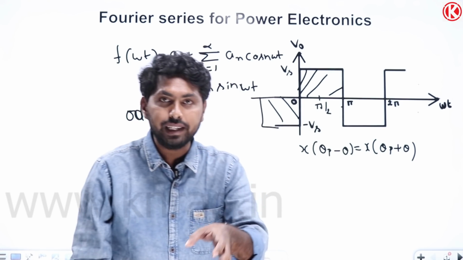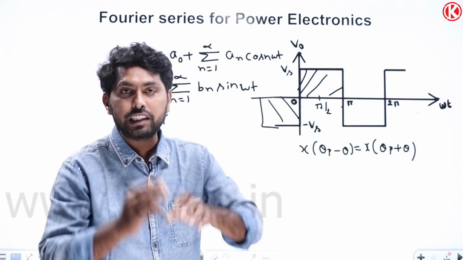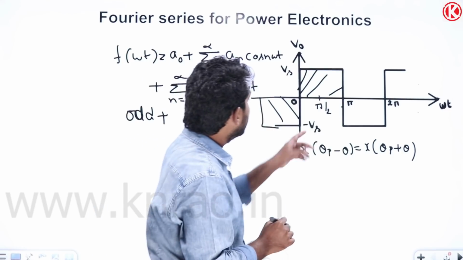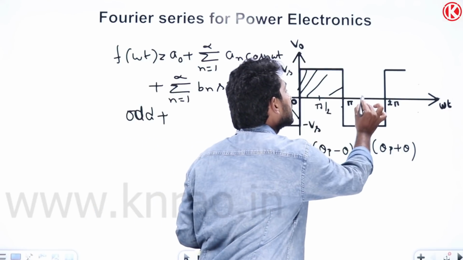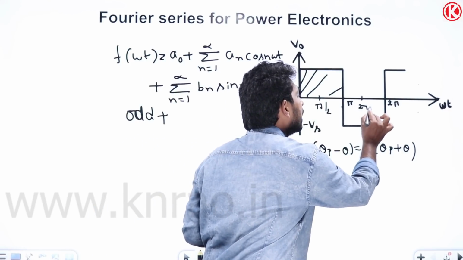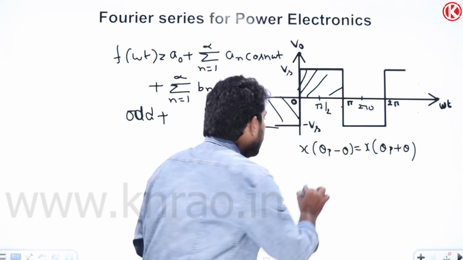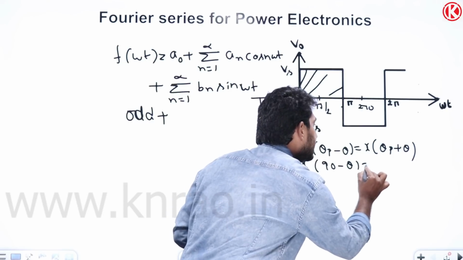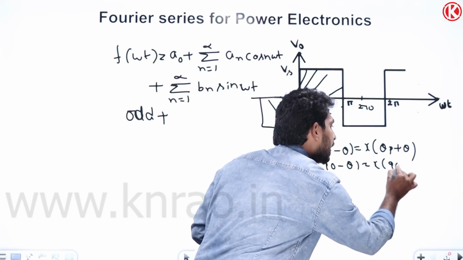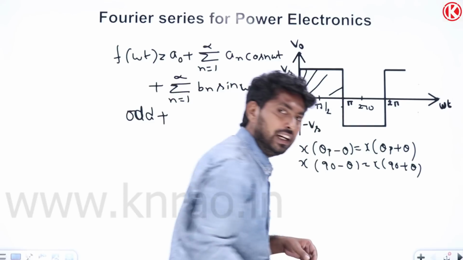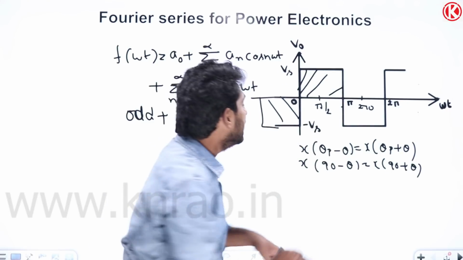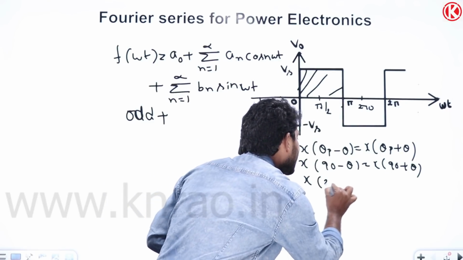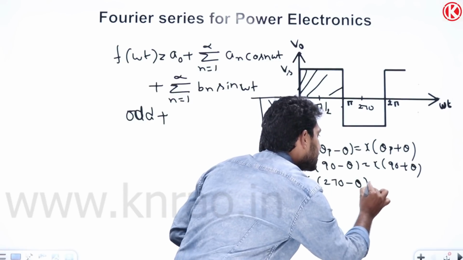Theta p is the angle at which the maximum value occurs. Here we know that at 90 degrees and 270 degrees the maximum value occurs. So x of 90 minus theta should equal x of 90 plus theta. Similarly, for the other peak, x of 270 minus theta equals x of 270 plus theta.